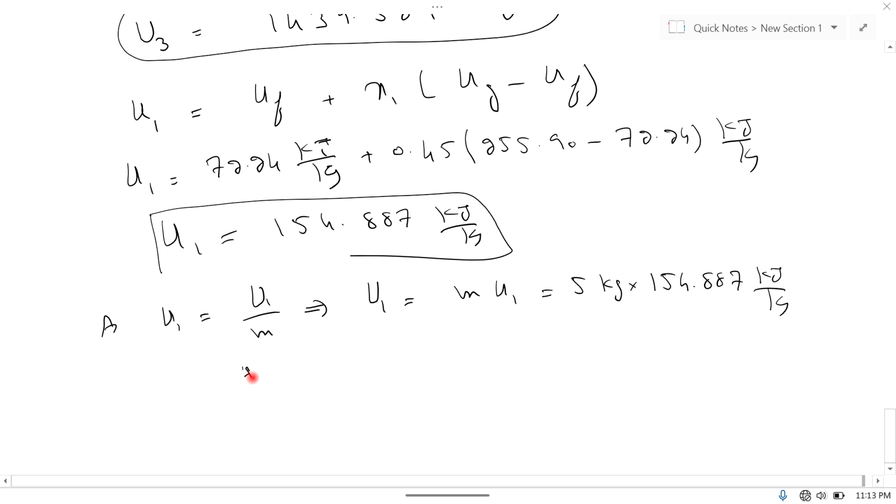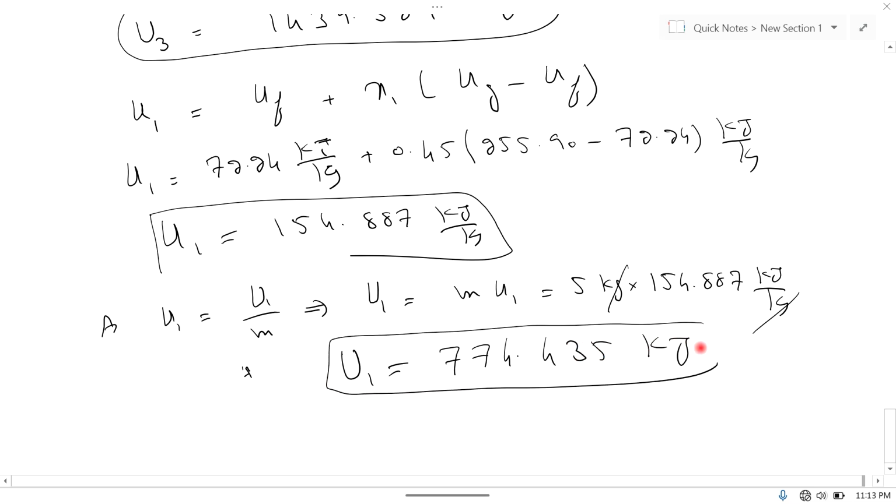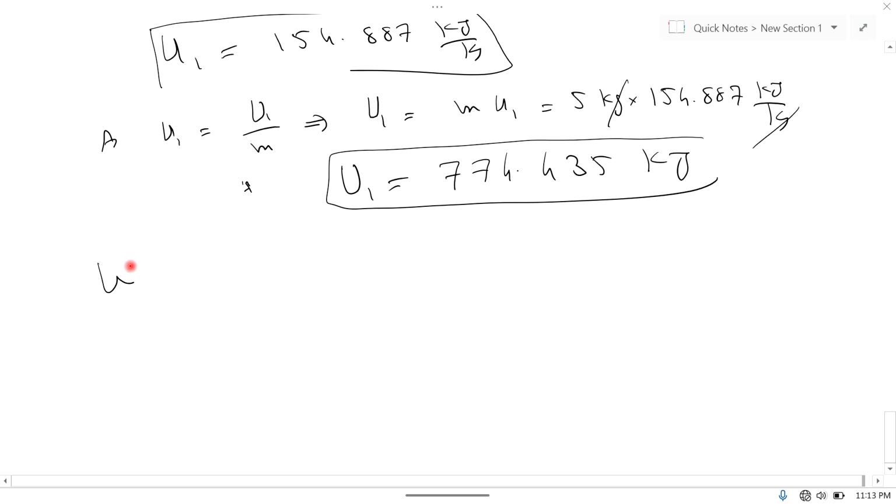Kilogram is cancelled with kilogram, so total internal energy at state 1 is 774.435 kilojoule. Now we are finding work done from 1 to 2 and work done from 2 to 3.